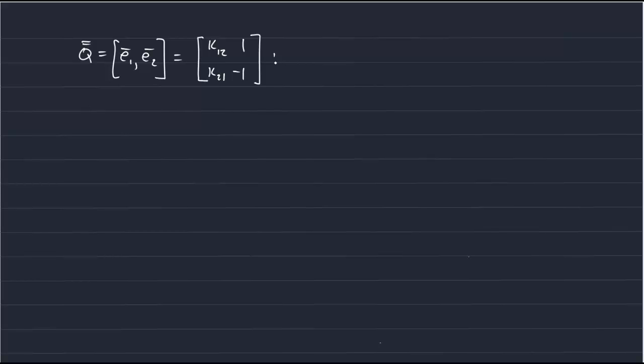And remember, x tilde prime, again from the beginning of the lecture, is Q inverse A Q times x tilde, and that is equal to our diagonal matrix D times x tilde, it's a vector, and that's equal to lambda 1, lambda 2 times x tilde.